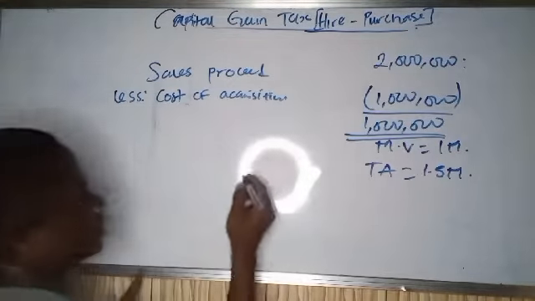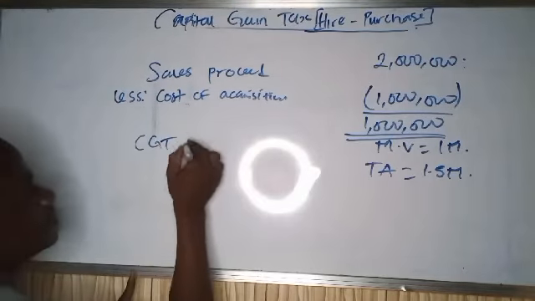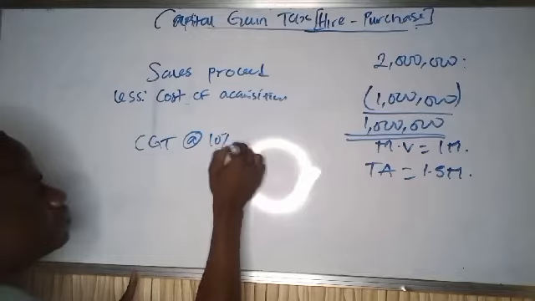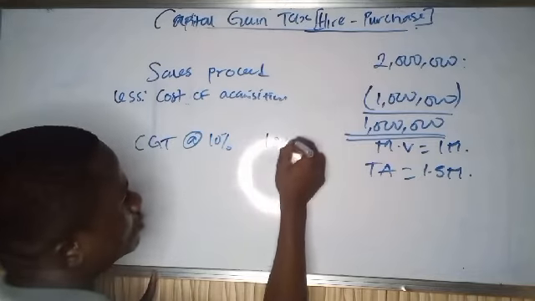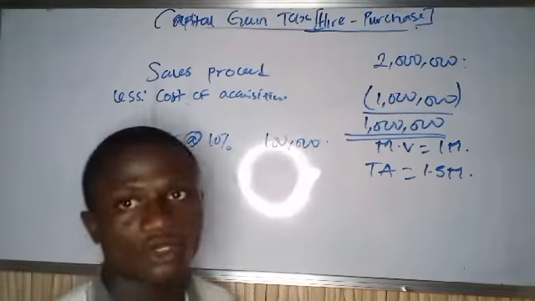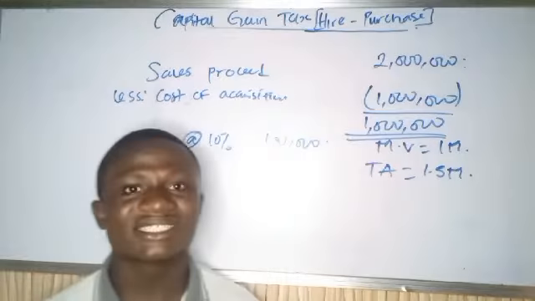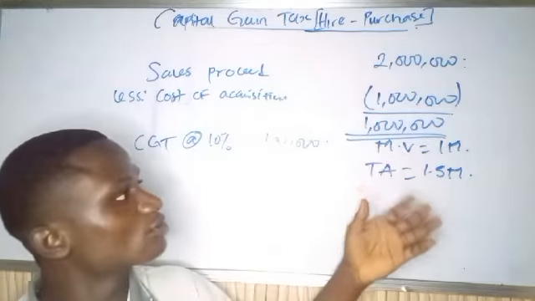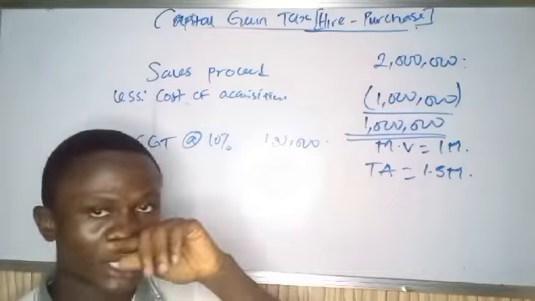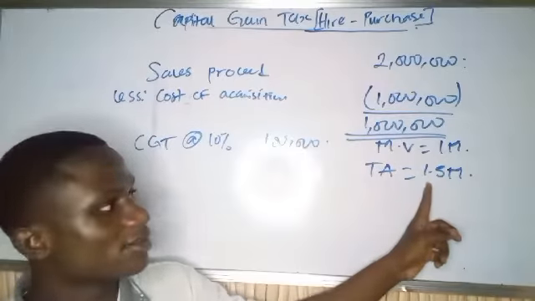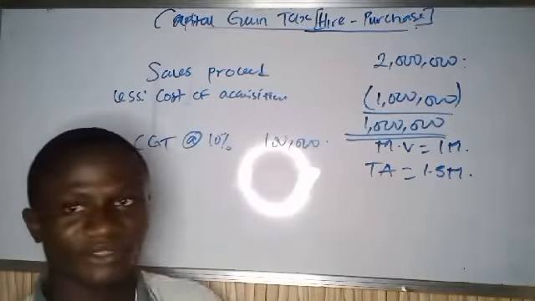Then my capital gain tax at 10% will simply be 100,000, because that is 10% of 1 million. Now let's assume for this same illustration, I am no longer using the market value. I want to use the hire purchase value, which is 1.5 million naira.